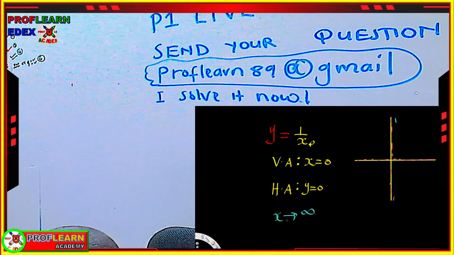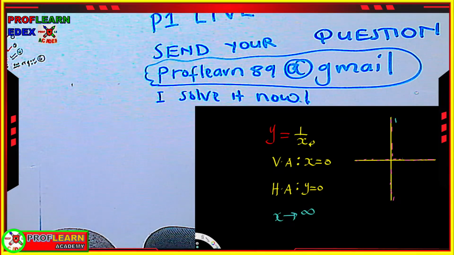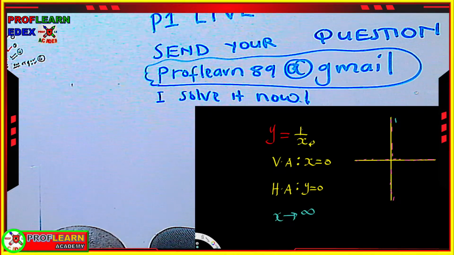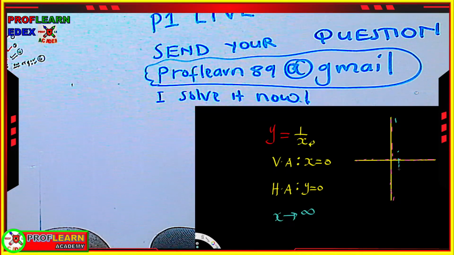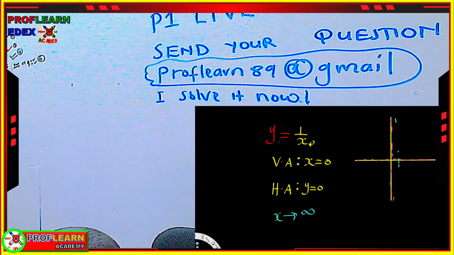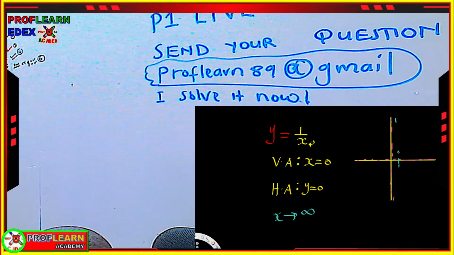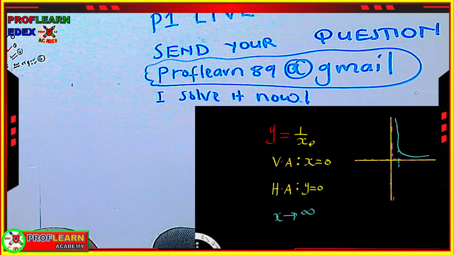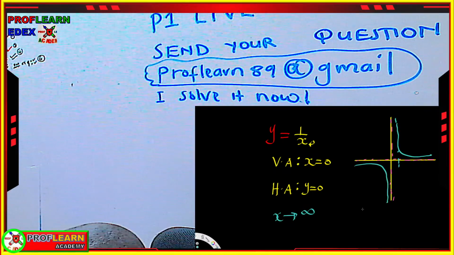So for instance, you can choose a value just after 0 for the x value. If x is 1, you put it into the equation, you will have 1 over 1, that's 1, so the point for the value of y will be 1 here. So the graph will behave like this, and the other part of the graph will come down here.